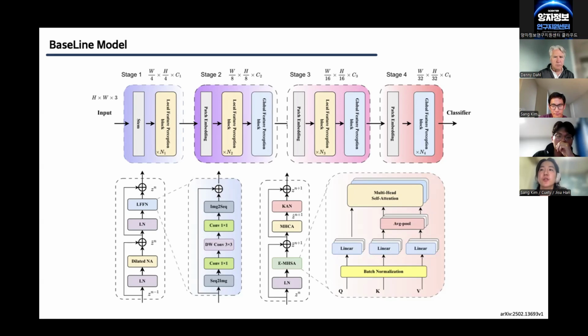Stage 1 uses dilated neighborhood attention for capturing local patterns. From stage 2 onward, both local CNN-based blocks and global transformer-based blocks are applied in sequence. As we move through the stages, global feature perception becomes more dominant, ending with the classifier.